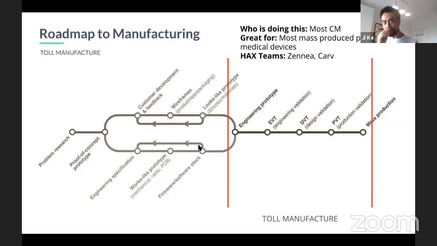So a lot of our teams with difficult hardware do take this route. So medical devices, industrial devices, anything with a heavy emphasis on dynamics, mobility devices will fall into this category.